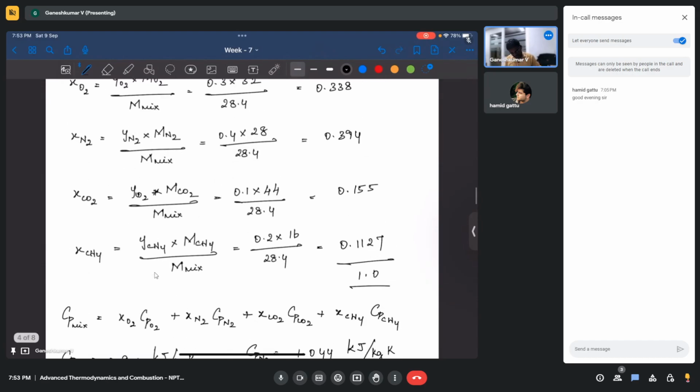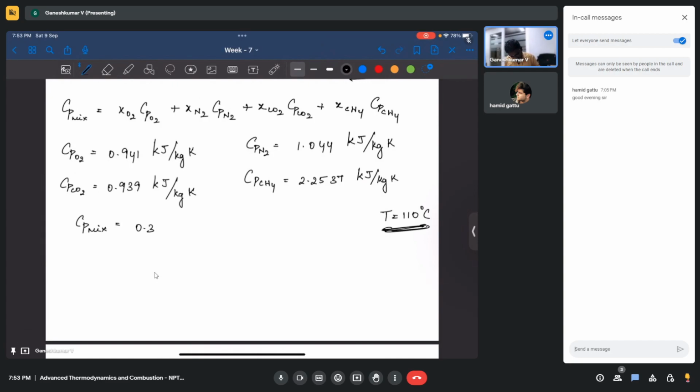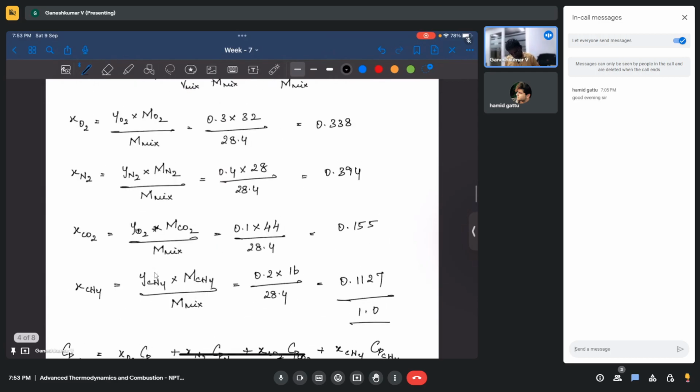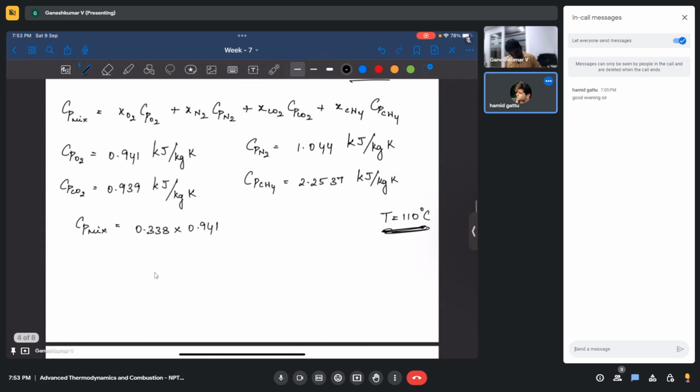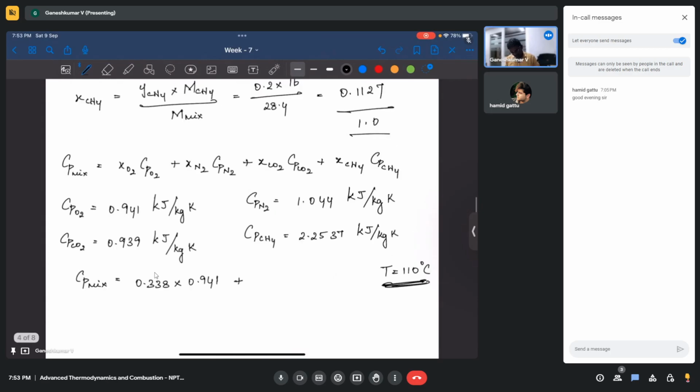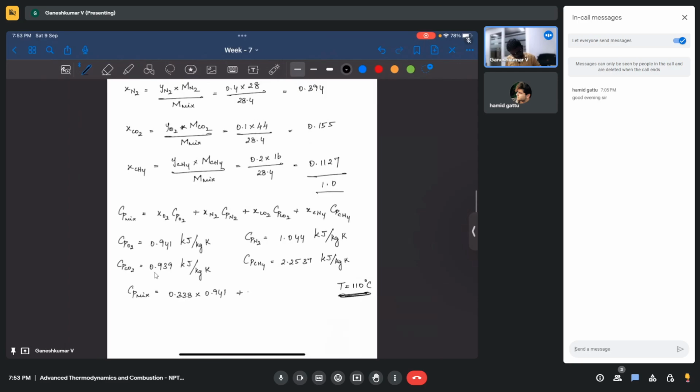X of O2 is 0.338. These are mass fractions. Okay. Plus X of N2 is 0.394 times its CP, and the last one 0.1127 times its CP.